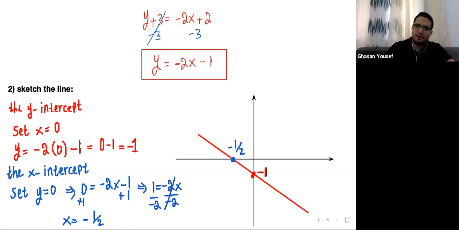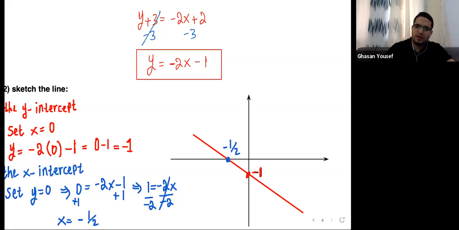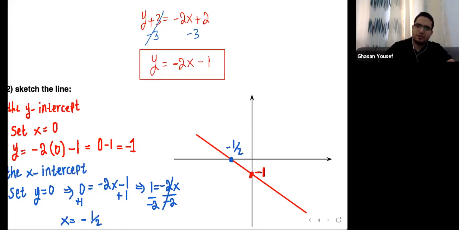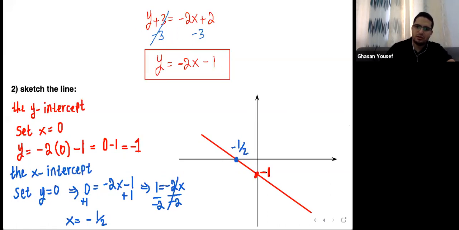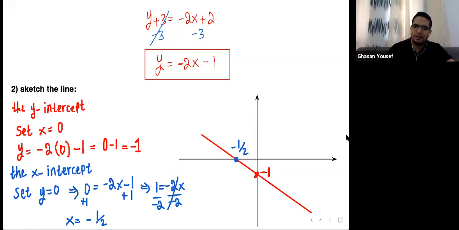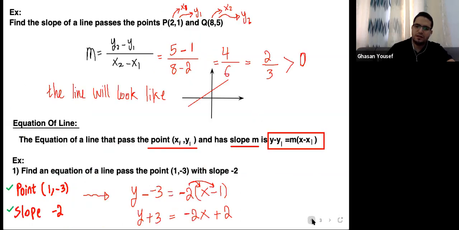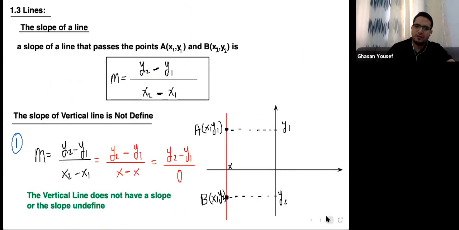After that, you can graph the line. But before you start graphing the line, you should know how the line looks. How? By using the slope. If the slope is positive, it should be like number 3 here.